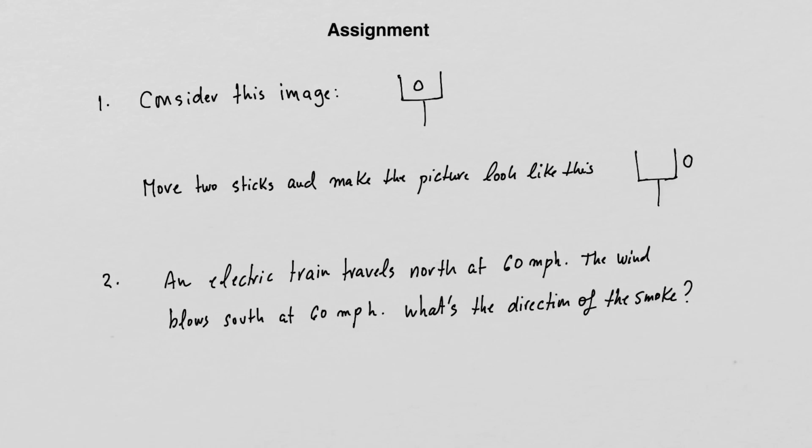So imagine I have a shovel. It has 4 pieces, 1, 2, 3, 4, and they're movable. And you have something in the middle, like a rock. What I would like you to do is move no more than 2 sticks out of these 4 to make the picture look like this. Basically, the rock has to be outside.